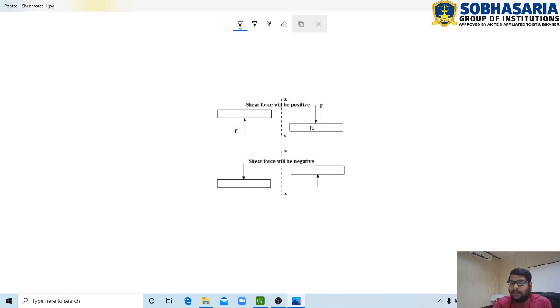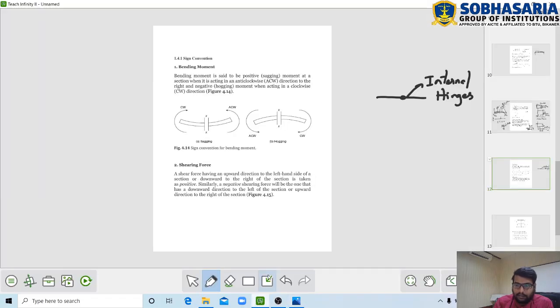For example, when you take a beam and cut the section from here and you analyze these reactions, you are cutting the section from here, and if you are taking the left side of the section, this is the left side of the section and this is the right side of the section.